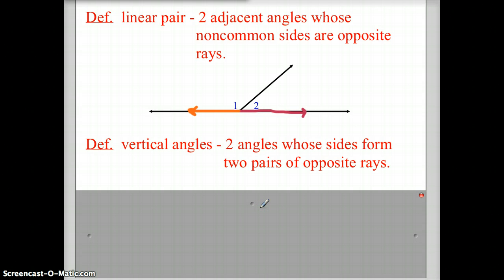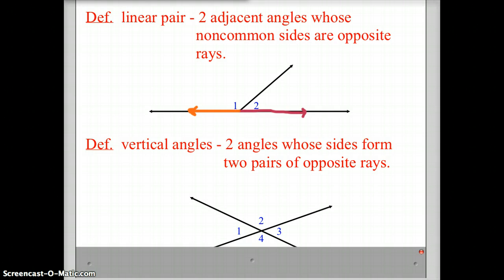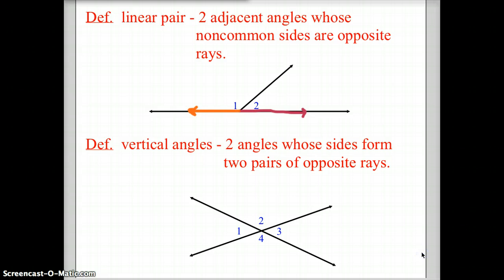Vertical angles. Vertical angles are two angles whose sides form two pairs of opposite rays. So we've talked about this in the past, where vertical angles make a V. So there's angle 2, and it kind of makes a V if you flip it upside down, or a V pair with angle 4.